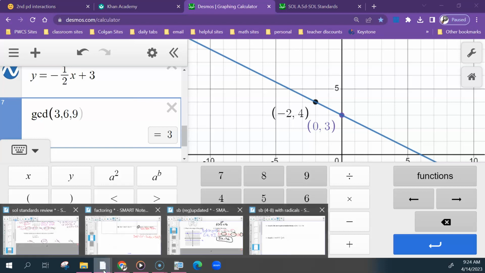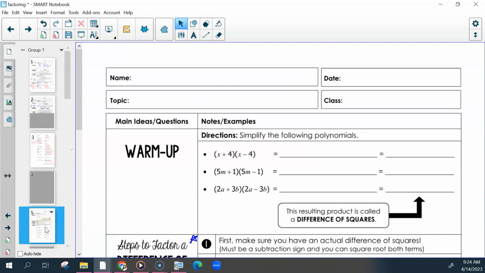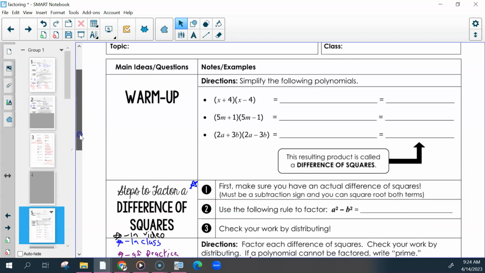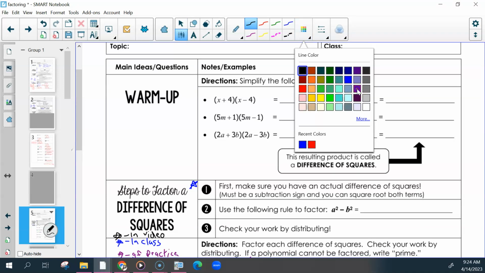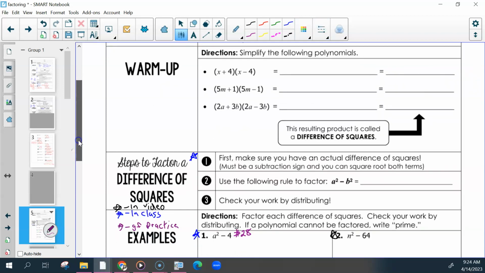On the next page of your notes is the next piece of factoring we're going to talk about. Because GCF is just really one part. There are multiple, as you'll see in the next week. Okay, so warm up, let's do a couple of these. We don't need to do all three.